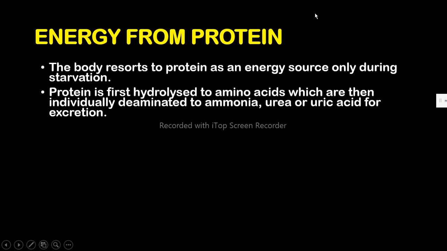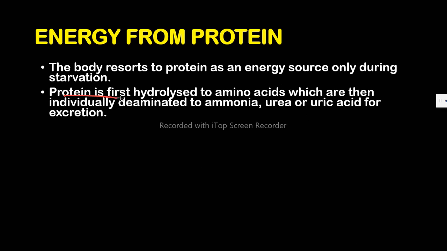So the first thing that happens is, a protein is a complex thing. So complex. Okay? So now the protein is going to be hydrolyzed into individual amino acids. Most of you will be inclined to say broken down. Don't use this word.